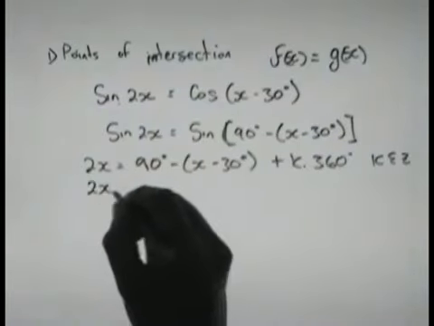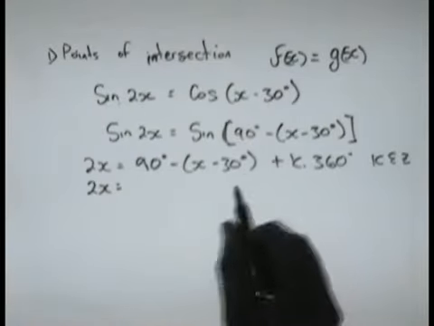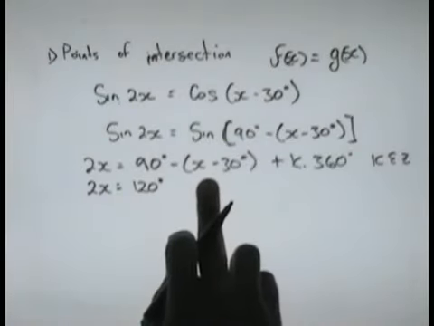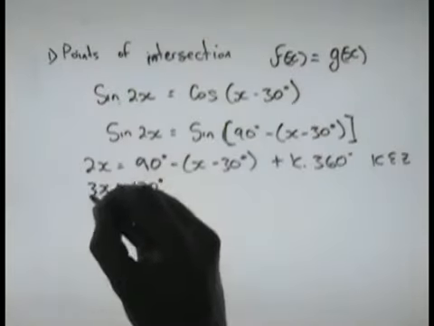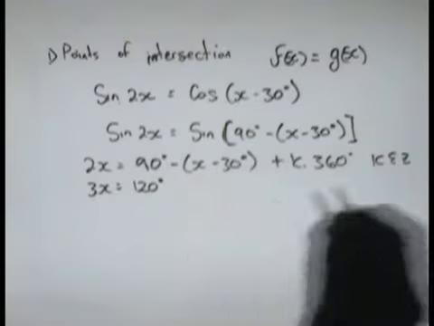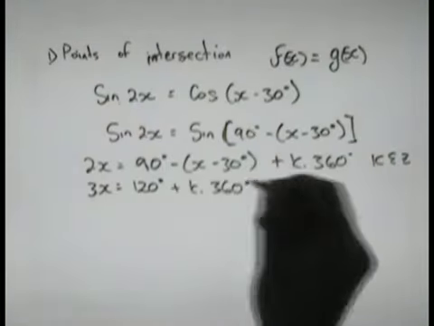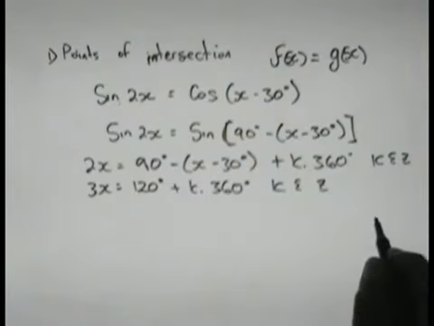This will now read 2x is equal to 90 minus times a minus is plus 30, which is 120 degrees, minus x. But that minus x can be taken over to make it a positive 3x, 2x plus x. 3x is equal to 120 degrees plus k times 360 degrees, where k is an element of integers.